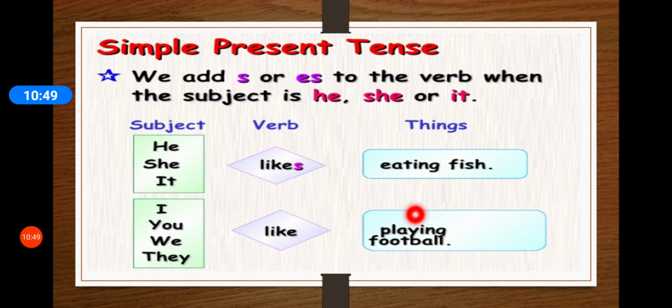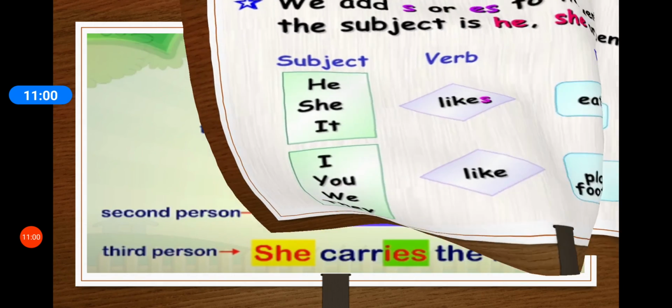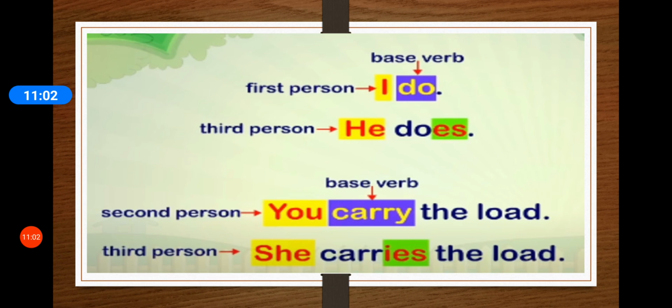There is no need to add S or ES in case of I, you, we, they and plural subjects. Right, children? Like I do. But if it is third person, it would be he does. You carry the load. But in case of she, because it is third person singular, she carries the load.